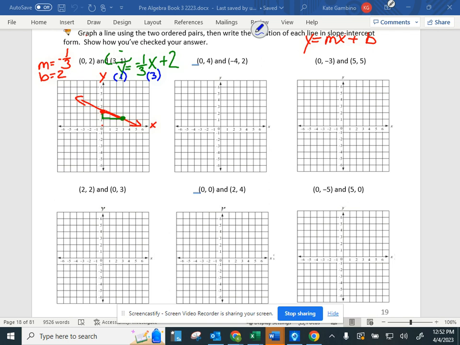So negative 1/3 times 3 would be what? Negative 1/3. So if I have negative 1/3 times 3, if we're multiplying a fraction times a whole number, what do I do to my whole number?